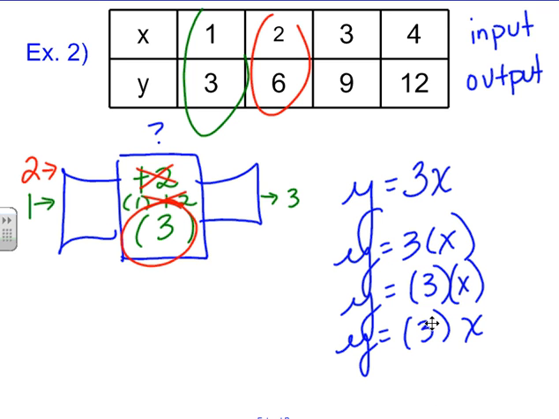It always shows different ways to multiply, but we know that when they're right next to each other, that means it's multiplication as well. So we don't need to have all the parentheses there if they're right next to each other. Hopefully this gives a basic idea of how to explain a rule or find a rule and write it as an equation.